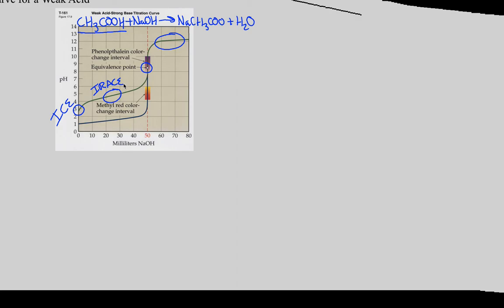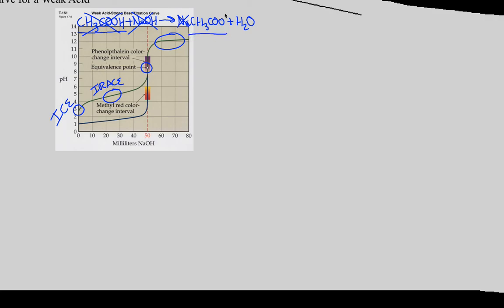Now, this is the hard one. At equivalence, what's in the beaker? Just the stuff on the right. At equivalence, this is gone, right? What's in the beaker? Salt, water. But in this case, the salt is sodium acetate. What does sodium do to water? Nothing. Sodium is the child of the strong base, sodium hydroxide. It doesn't do any chemistry. So what determines the pH at equivalence?